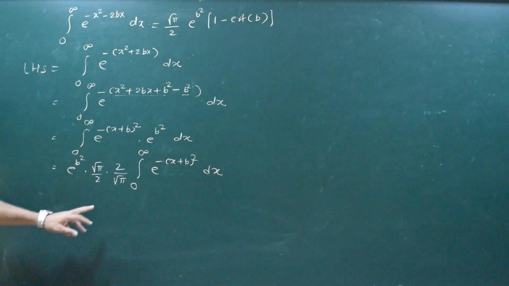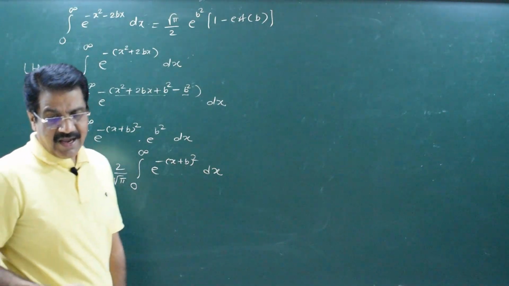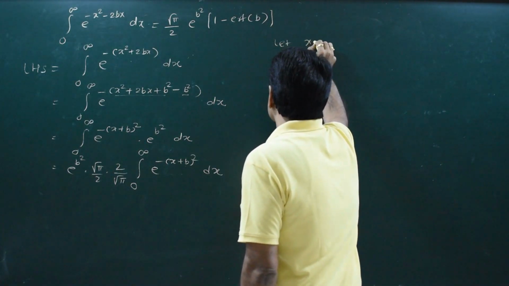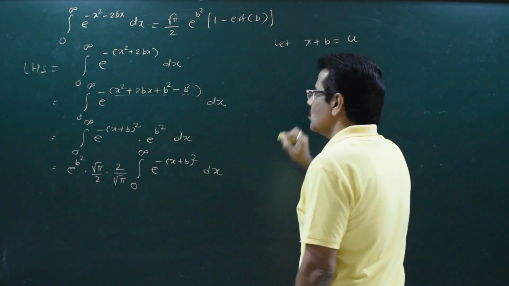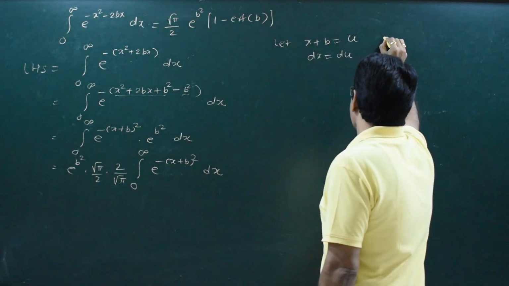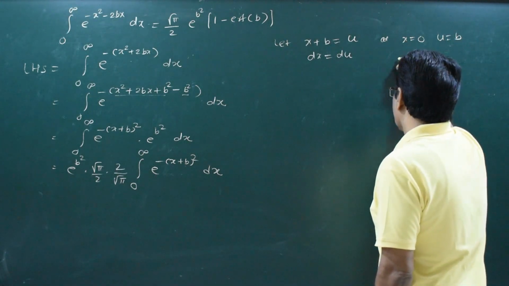Now to get this term in the form of the definition of error function or complementary error function, we need a substitution. So let x plus b is equal to u, and therefore we get dx is equal to du. At x is equal to 0 we get u is equal to b.